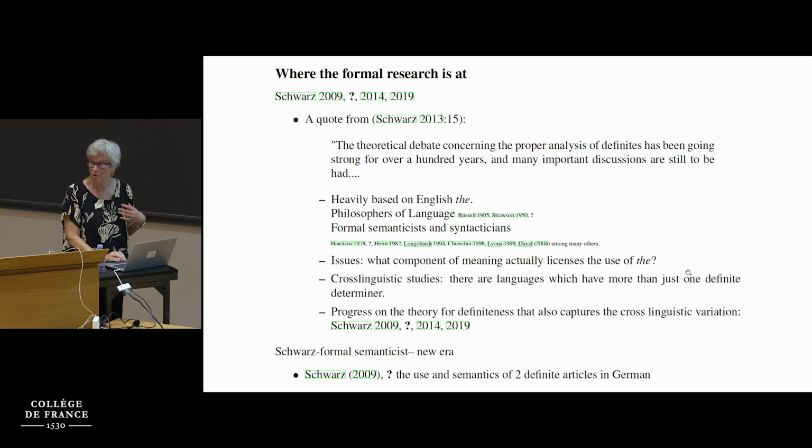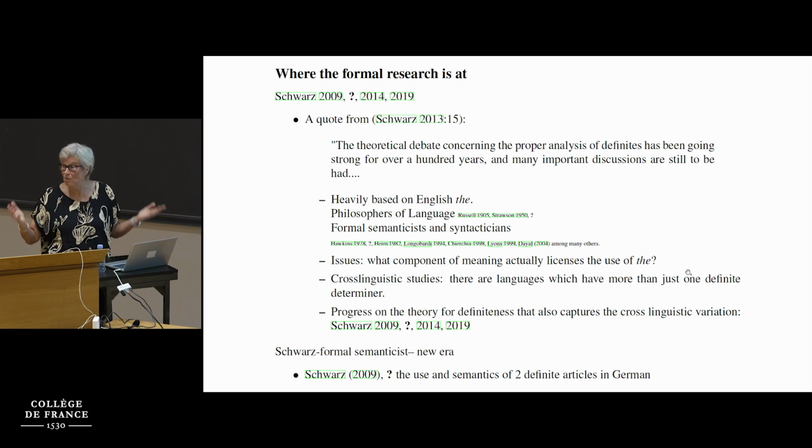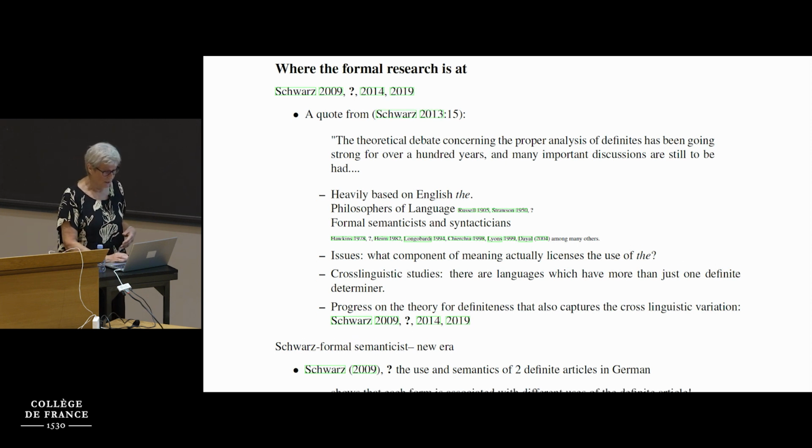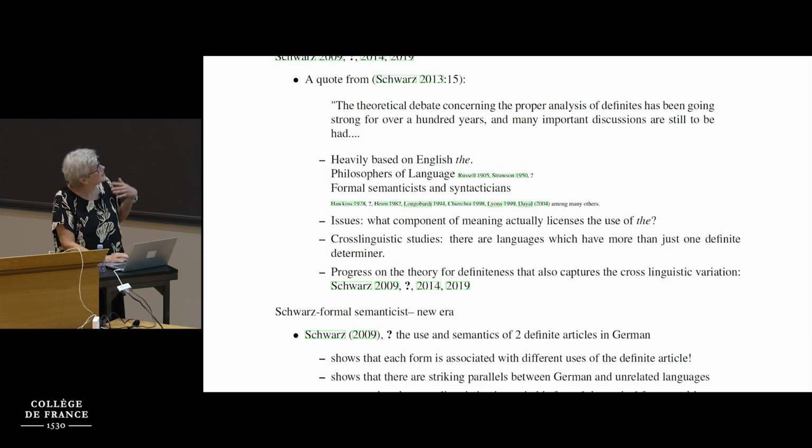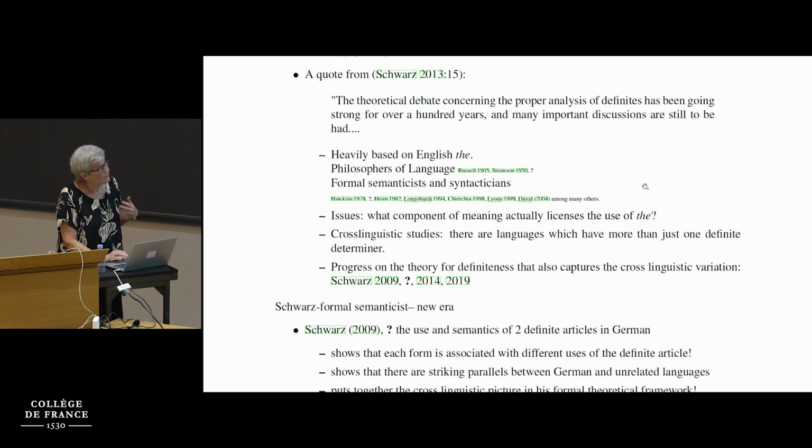There's a list of people working on these issues, mostly on English, but with Veneeta Dayal and others. There's a lot of interest in finding out what the difference is between English-type languages and Chinese-type languages, languages that do not seem to have articles.